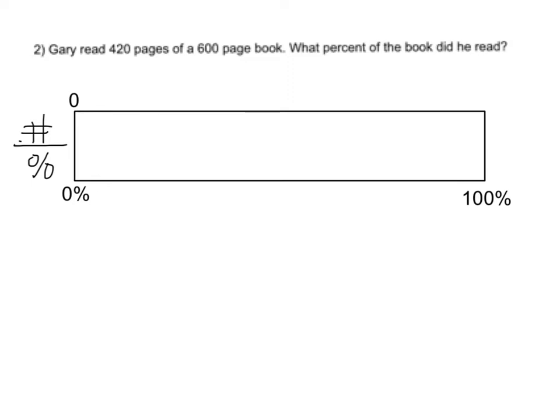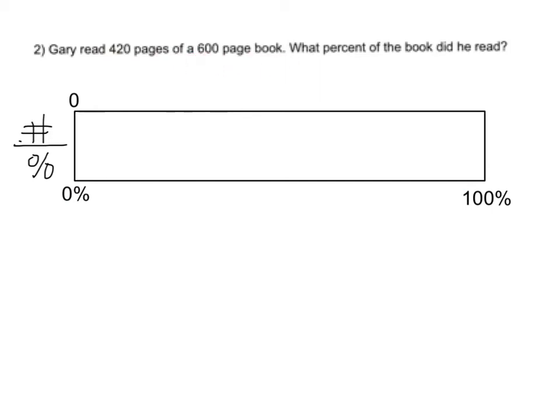Well, I have drawn my handy-dandy model that reminds us that 0 pages is the same as 0%, and I know that if I went from 0 all the way to the full amount, that would be equal to 100%. So now I'm trying to see in the context of the problem what 240 pages and 600 pages would be.